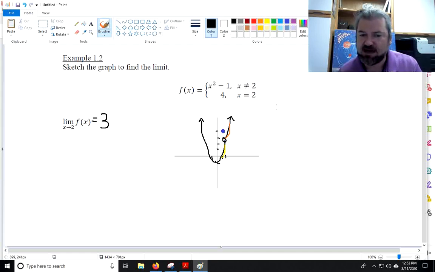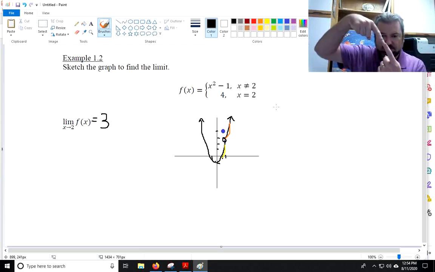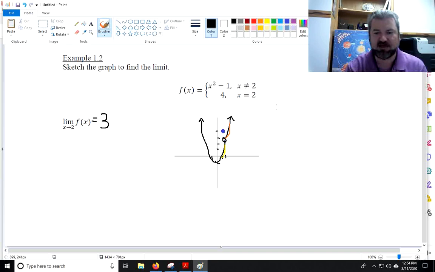So it doesn't matter that f of 2 is 4. What matters is that as x is getting closer to 2, f is getting closer to 3. And they've got to be coming the same way. They've got to be matching up, going to that same number from the left and the right. You have to check both sides, or else we would say the limit doesn't exist.